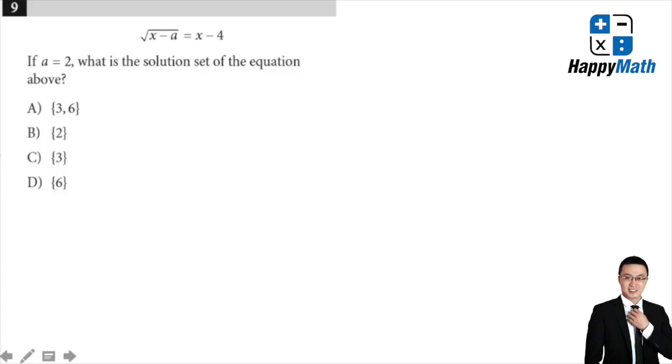Question 9. We have this one and a equal to 2. What is the solution set of the equation above? Okay, you can solve this because we have x minus 4 equal to the radical expression. A radical expression is always greater than or equal to 0. So x minus 4 has to be greater than or equal to 0.